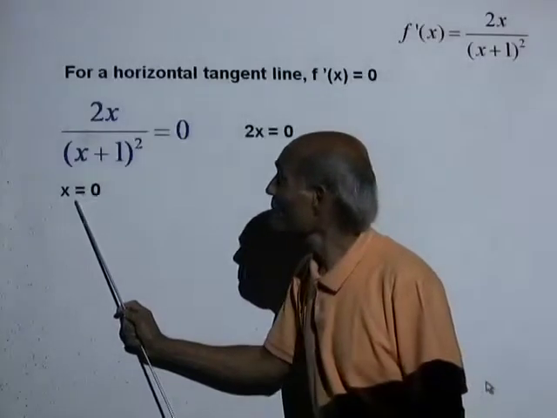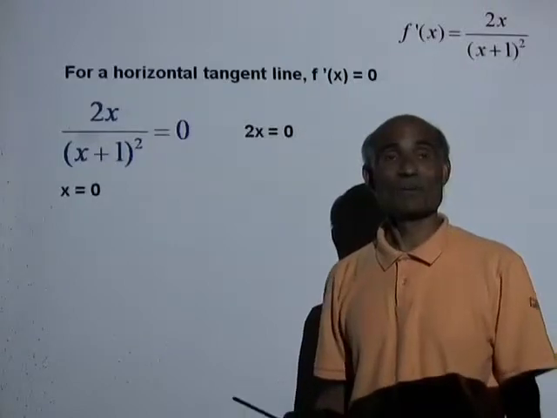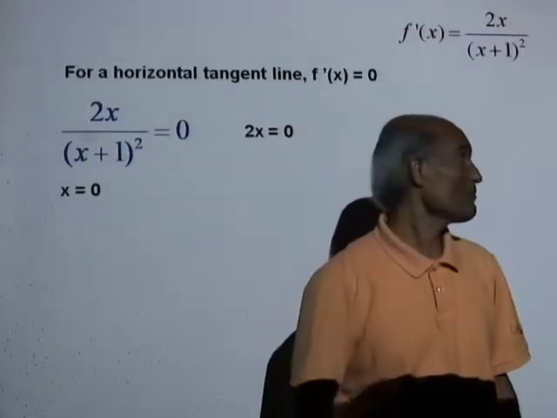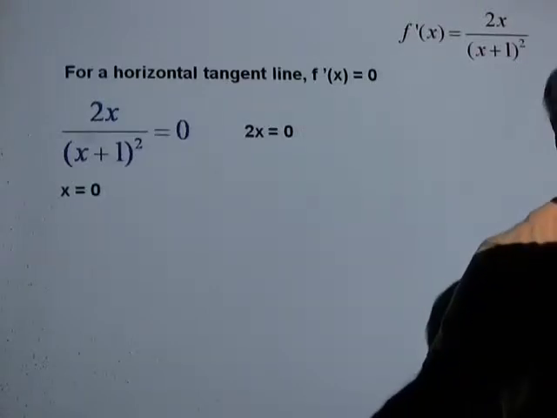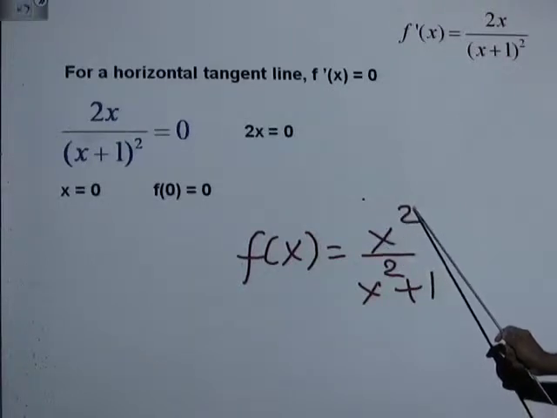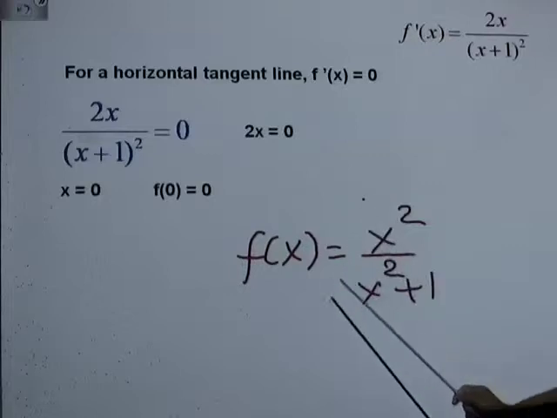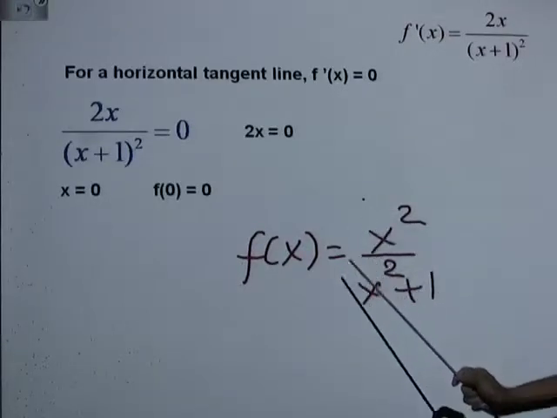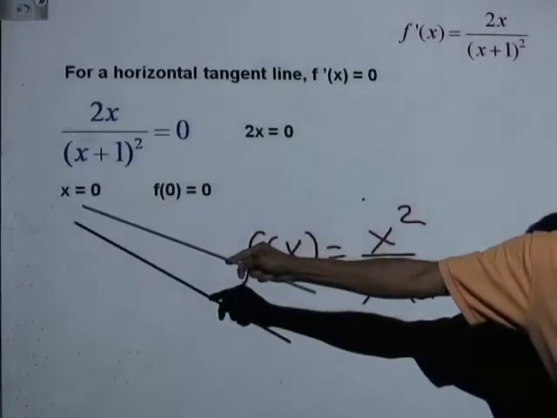Well, if x equals 0, what is the value of y? What is our function? Let me write down that function for you. Our function is f of x equals x squared over x squared plus 1, and we know that a horizontal tangent line exists for this function at x equals 0.